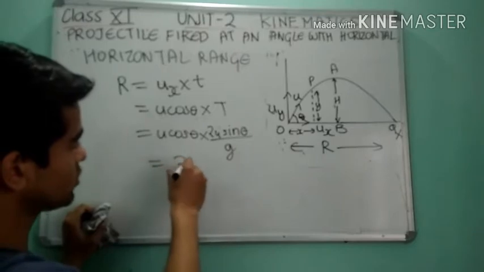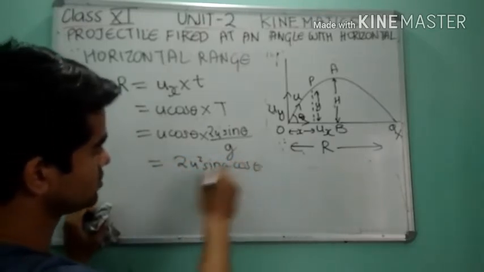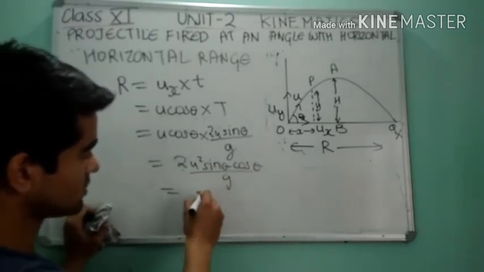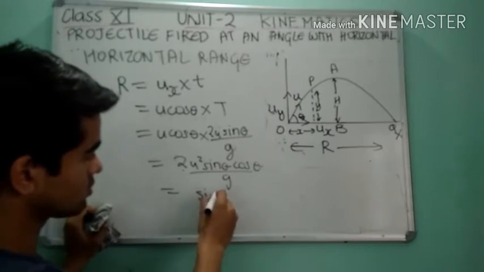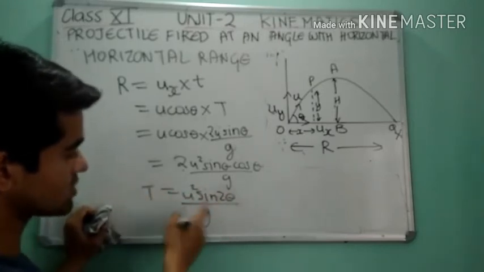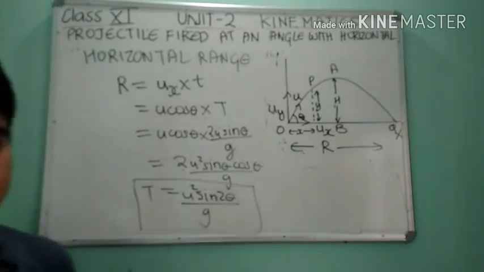So this comes out to be 2u square sine theta cos theta upon g. We know 2 sine theta cos theta is sine 2 theta, so we can write it as u square sine 2 theta upon g. This is the expression for the horizontal range of a projectile.